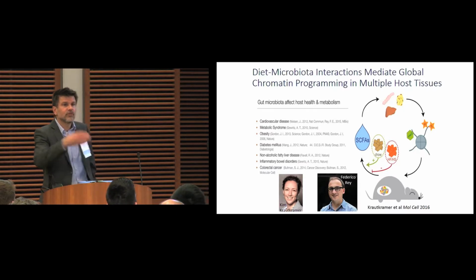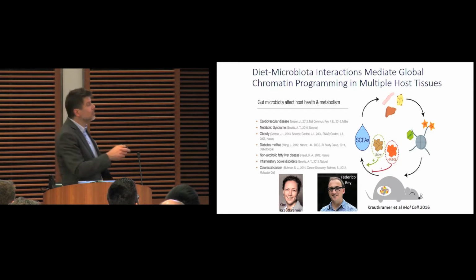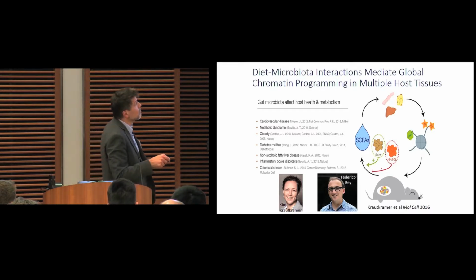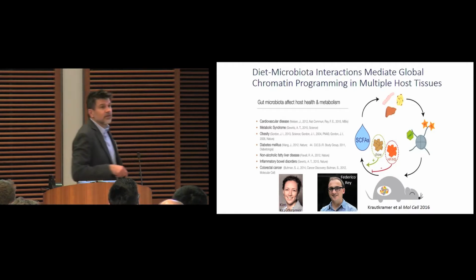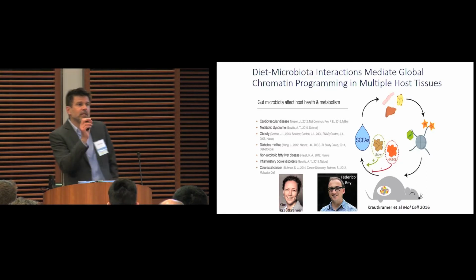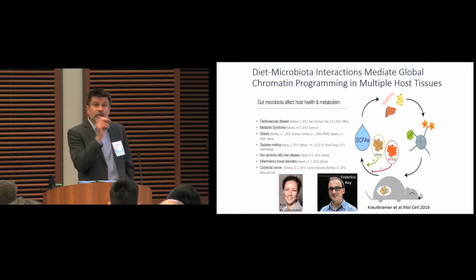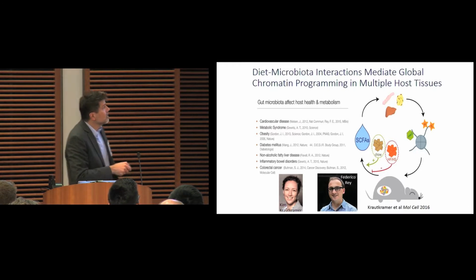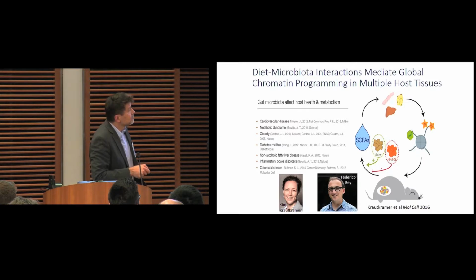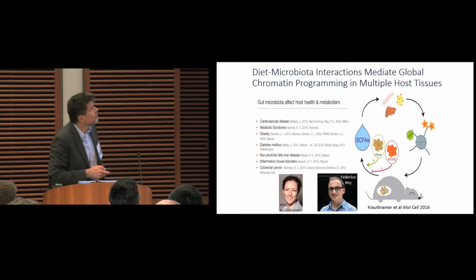So we looked at germ-free versus colonized, and under two different dietary conditions. The bottom line is that there were very clear epigenetic differences at the level of modifications to chromatin, and transcriptional differences that are due to the diet and the microbiome.